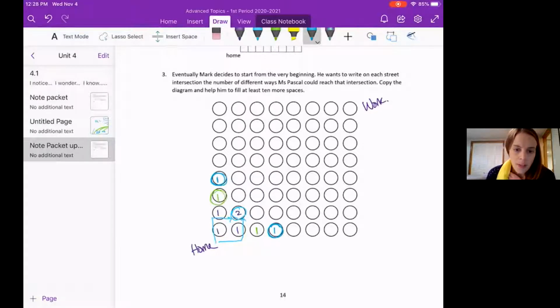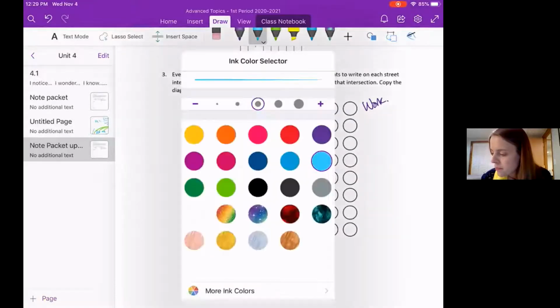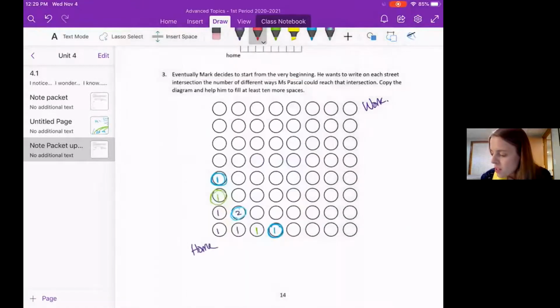Now, to fill in the rest of that diagonal, it gets a little trickier. Let me get some different colors here and get some of our lines out of the way. So we could go three to the right and one up. There's one way. You could go up and to the right, or you could go to the right, up, and over.